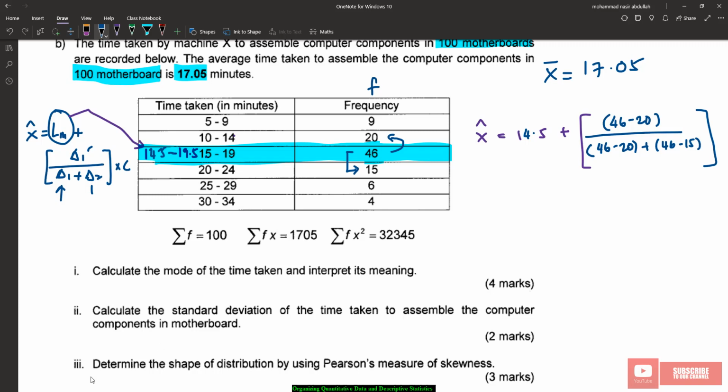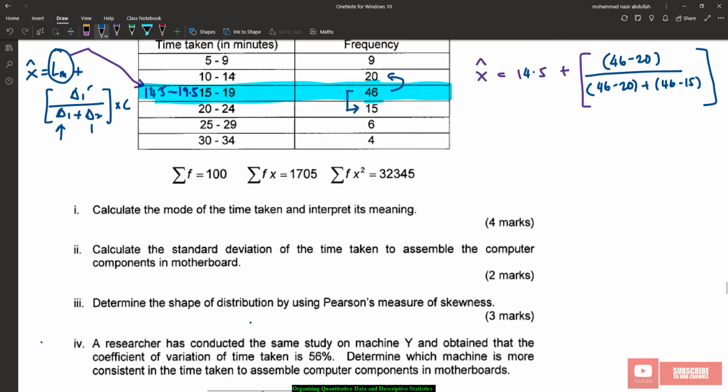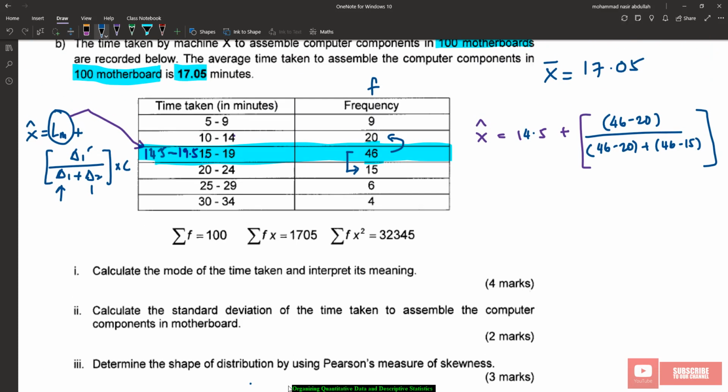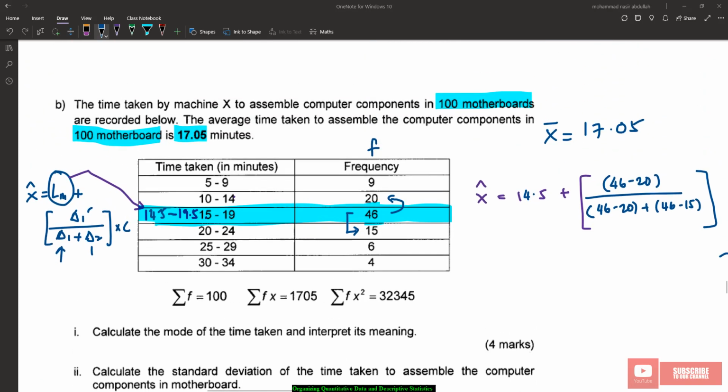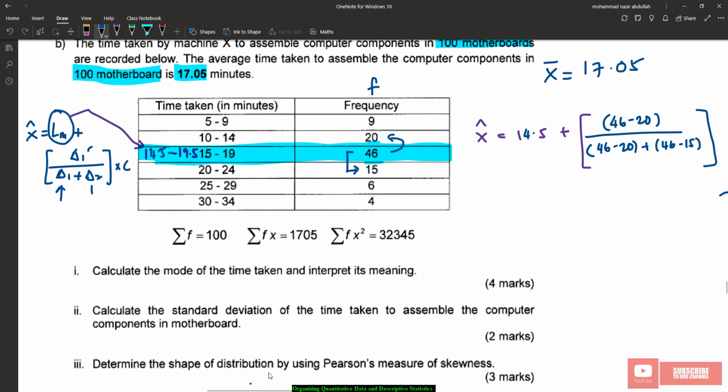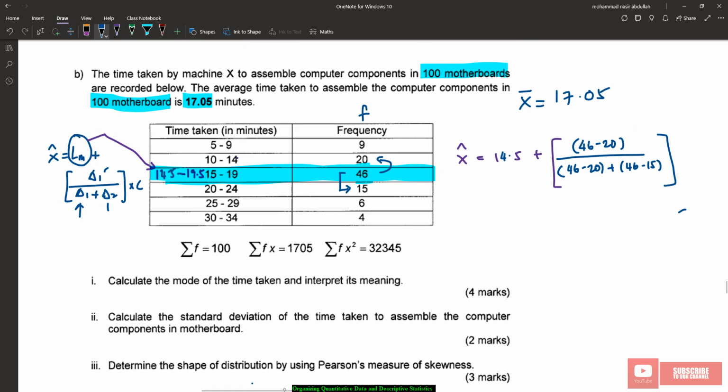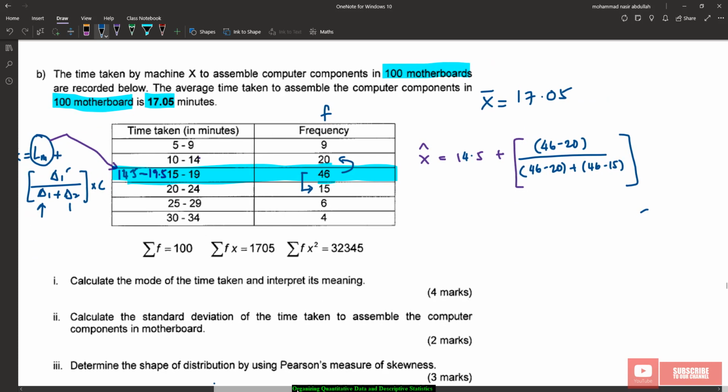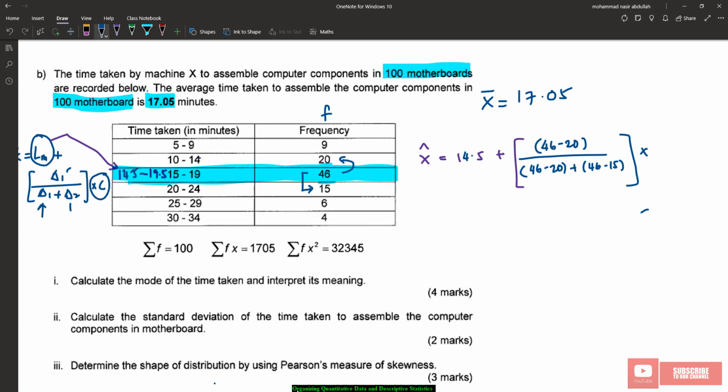Alright. So we need to multiply with C. C is our class size. Where do we get the class size? Upper class boundary minus lower class boundary.